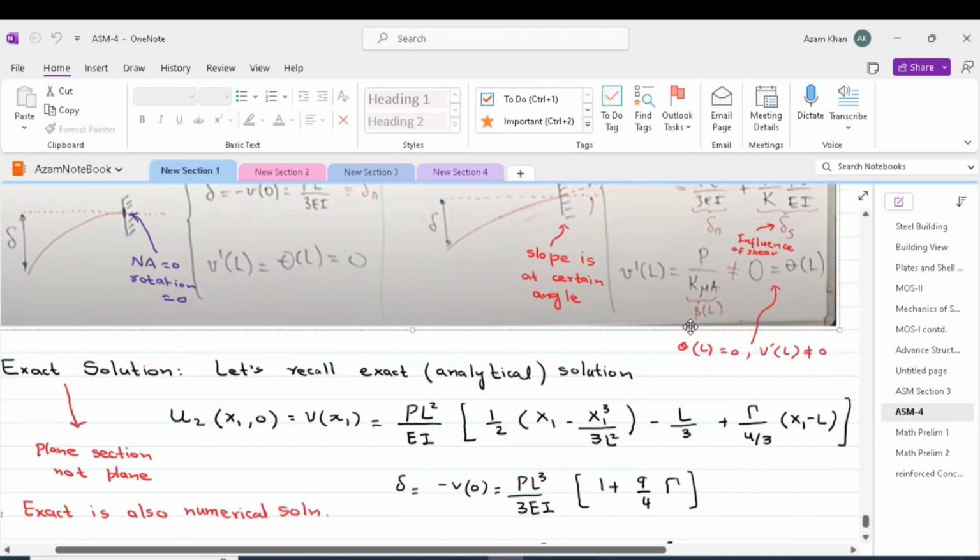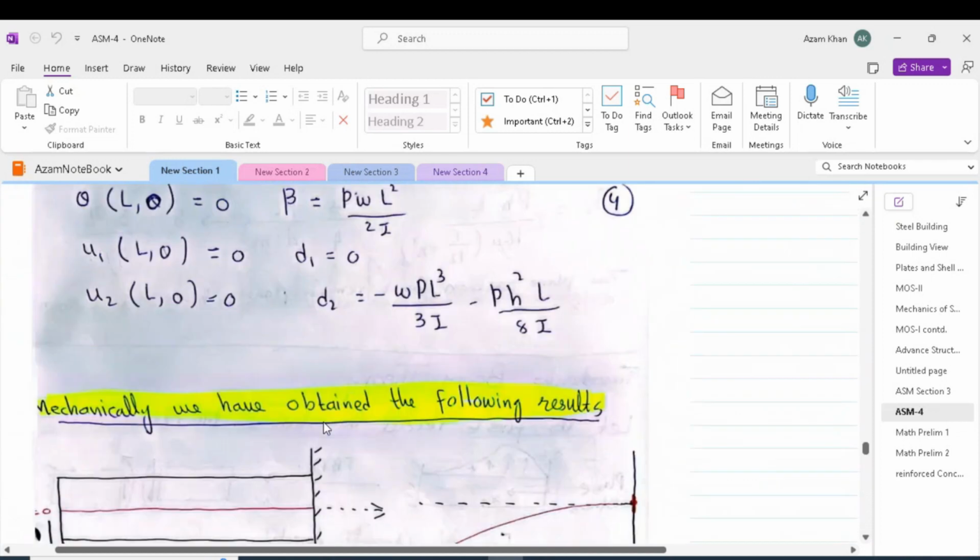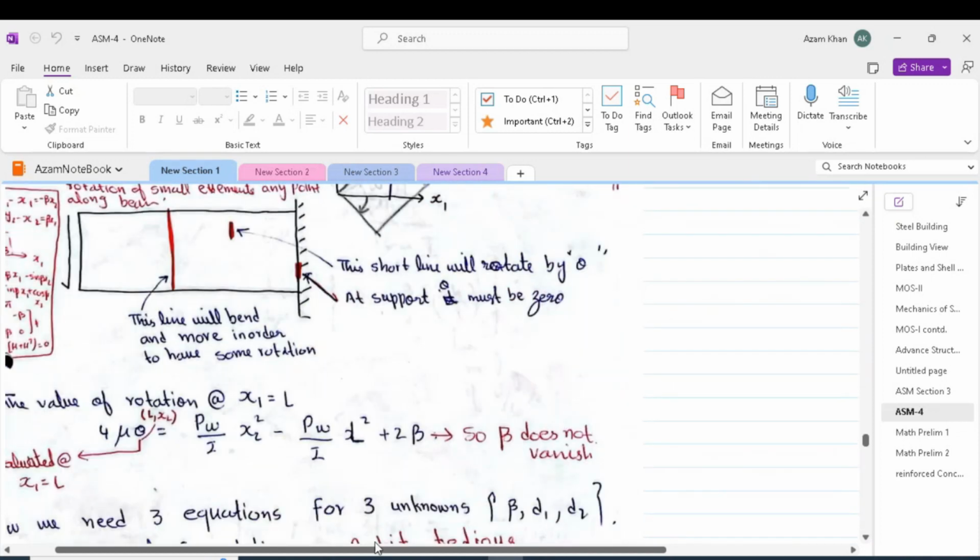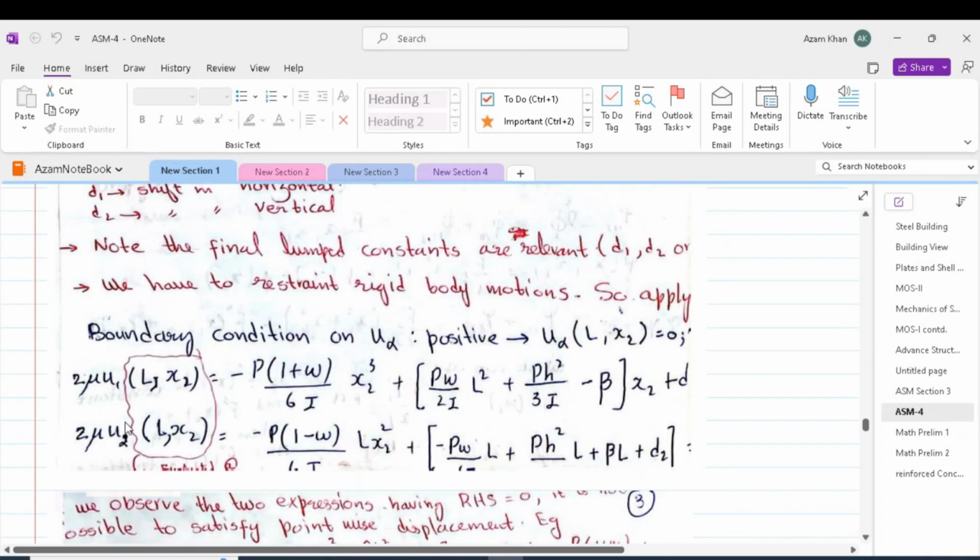Please note that we have introduced gamma in our exact solution. Previously we didn't define gamma in our U1, U2 equation.